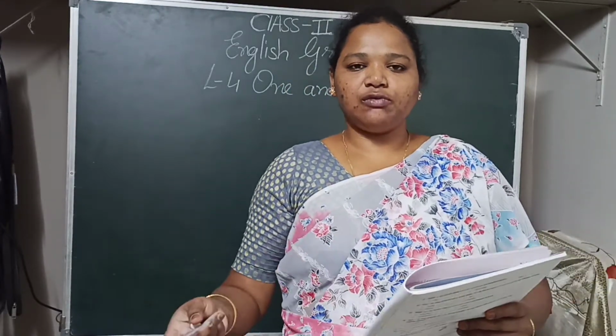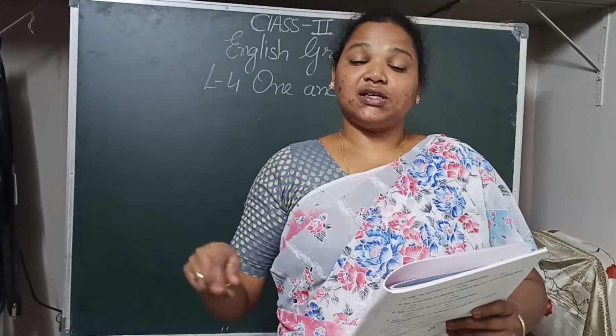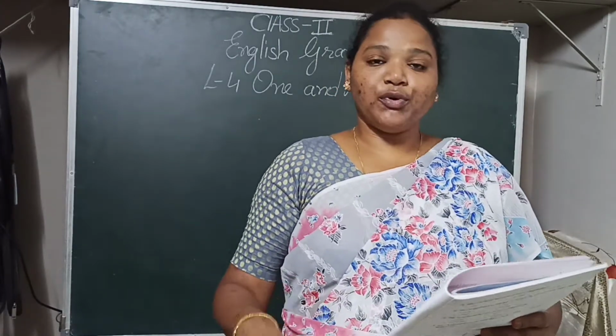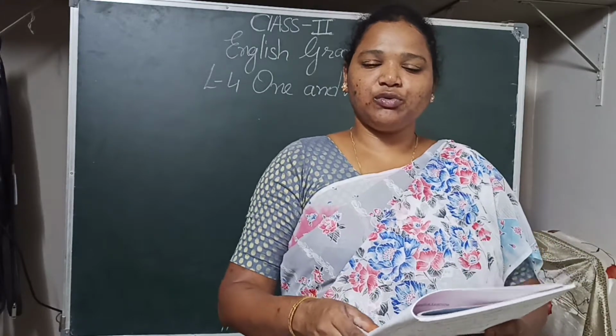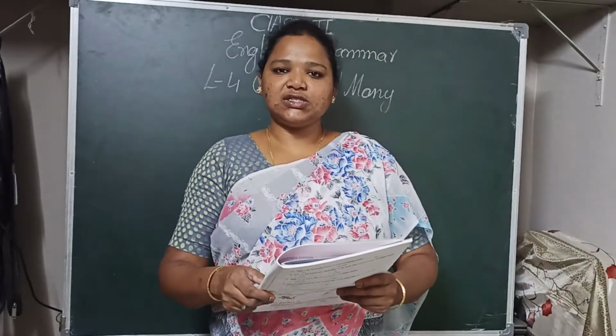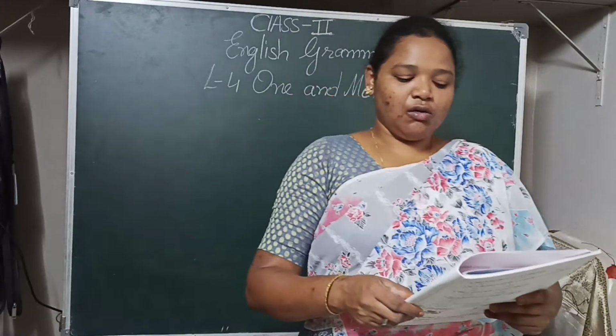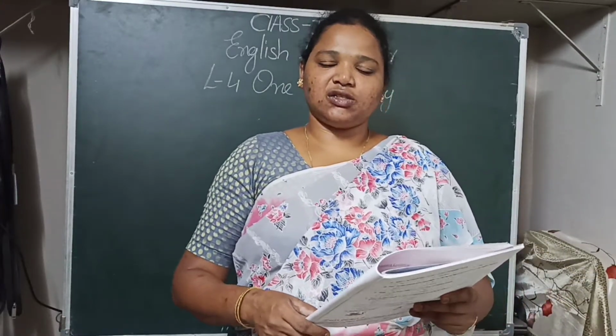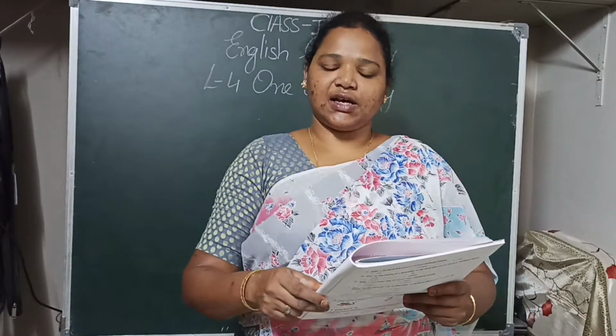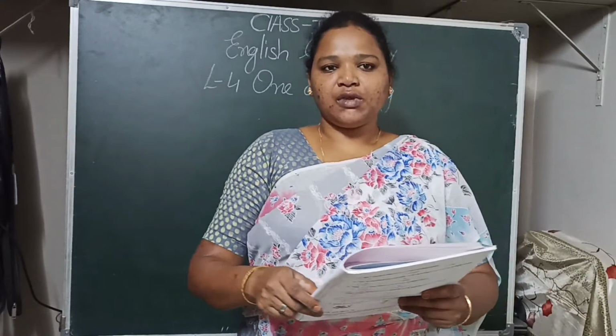So in plural form we write boxes. Then bush. The last letters are sh. So in plural form, bushes. Then watch. The last letters are ch. Again, in the plural form, watches.